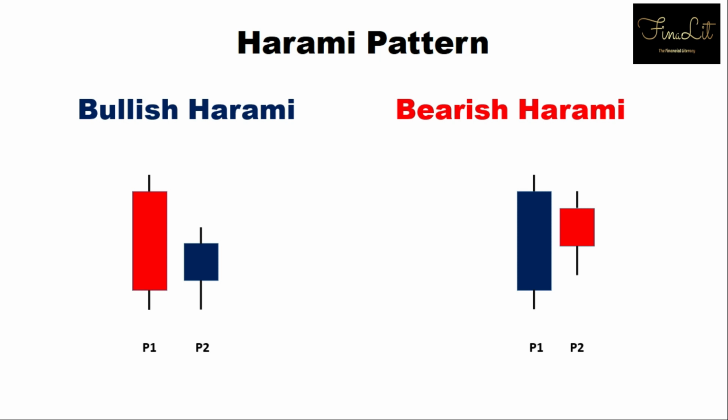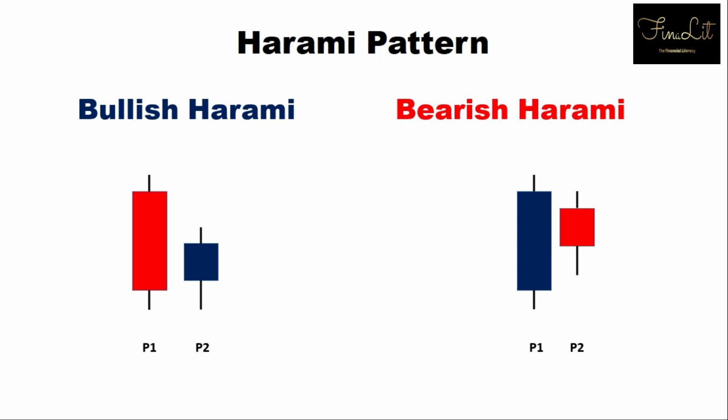A risk-averse trader will initiate the long trade near the close of the day after P2, only after ensuring it forms a blue candle day. The stop loss of a bullish Harami pattern is the lowest low price between P1 and P2.